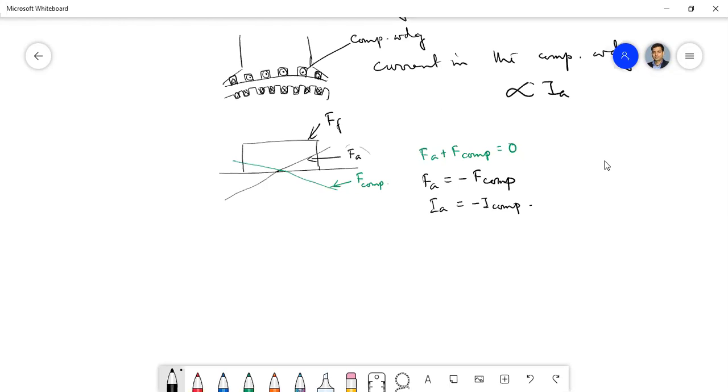So this compensating winding MMF equals pole arc by pole pitch into the armature MMF.